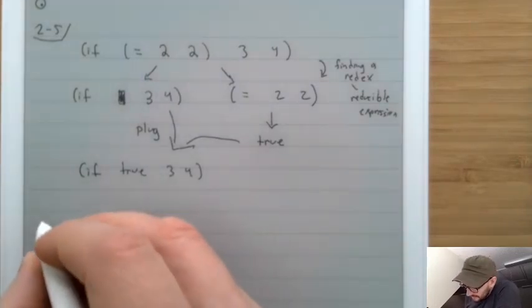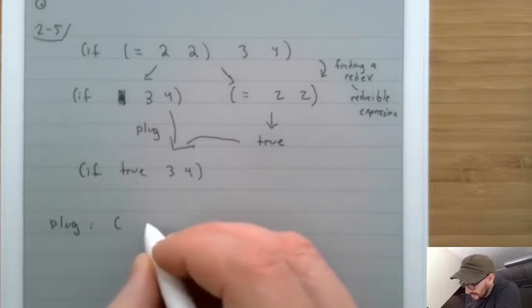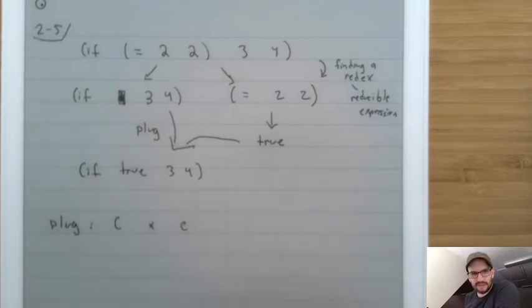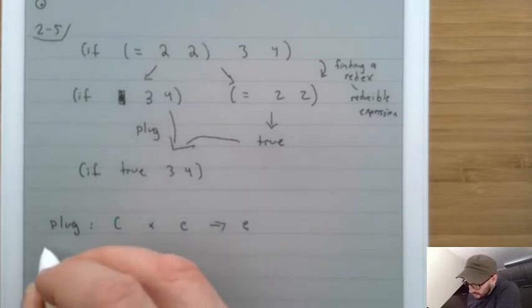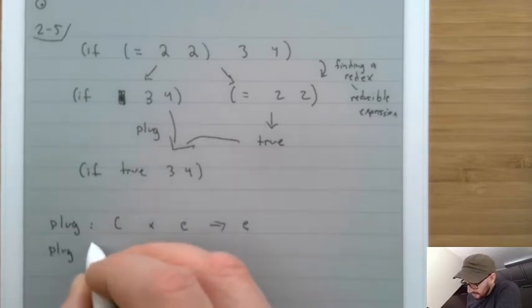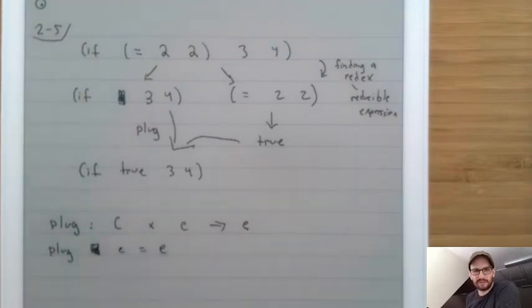We can write down the definition of the plug function very easily. Plug takes a context and an expression and returns an expression. When you call plug on a hole and an expression, you just get back that expression.